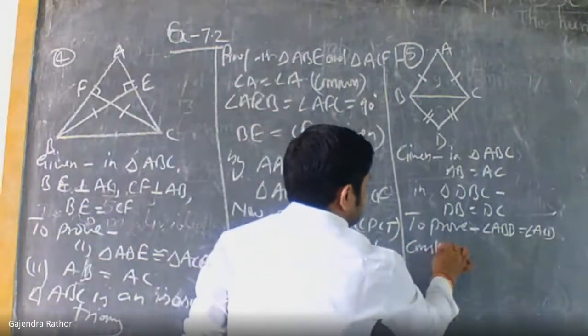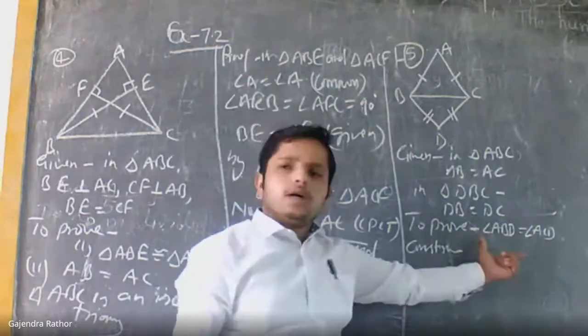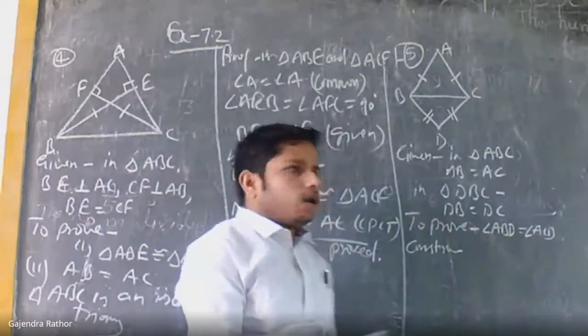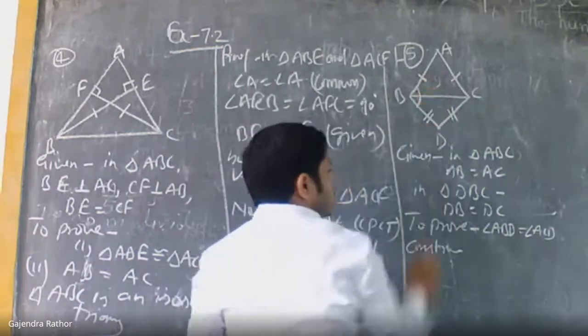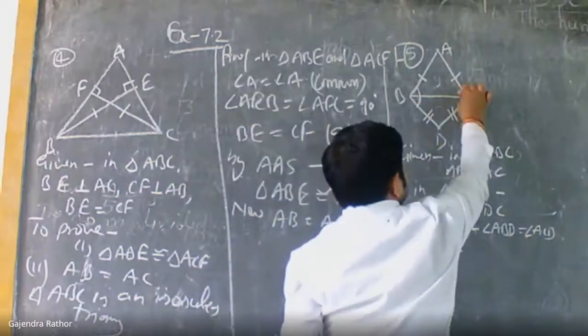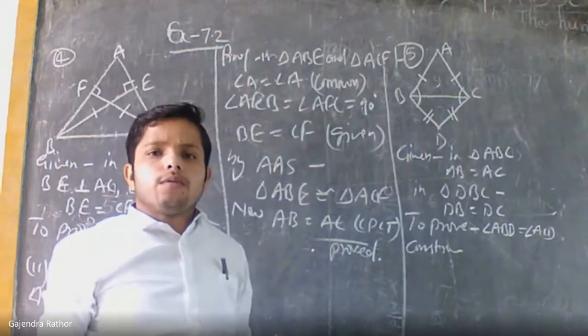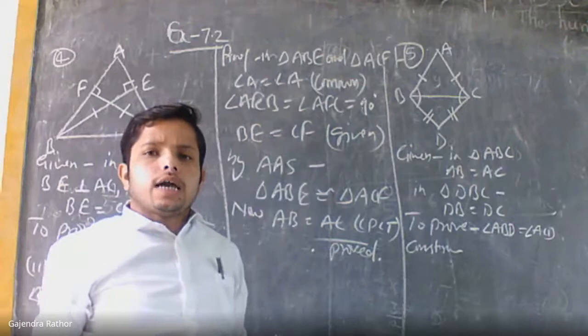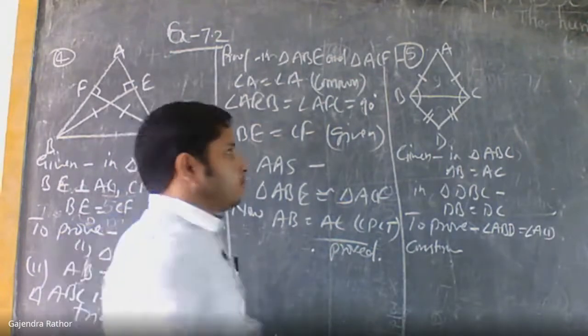Okay. Next, construction. How can we prove these angles are equal? First, mark these angles, angle ABD and angle ACD. The question is, how can we prove that these angles are equal? We can prove it only one way.